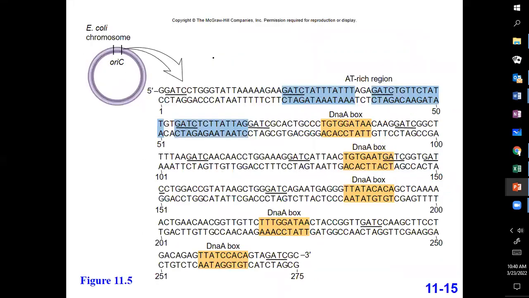Okay, so back to the E. coli origin. So here's the sequence. This is where initiation of replication takes place in prokaryotes, and in eukaryotes also at origins. So what happens here? Why is this the place? For replication to begin, DNA binding proteins have to bind at the origin of replication.